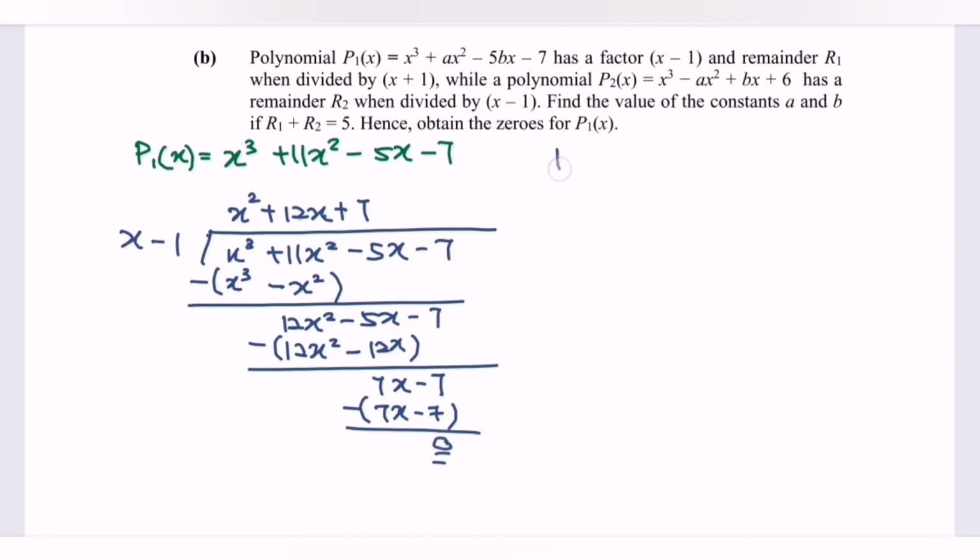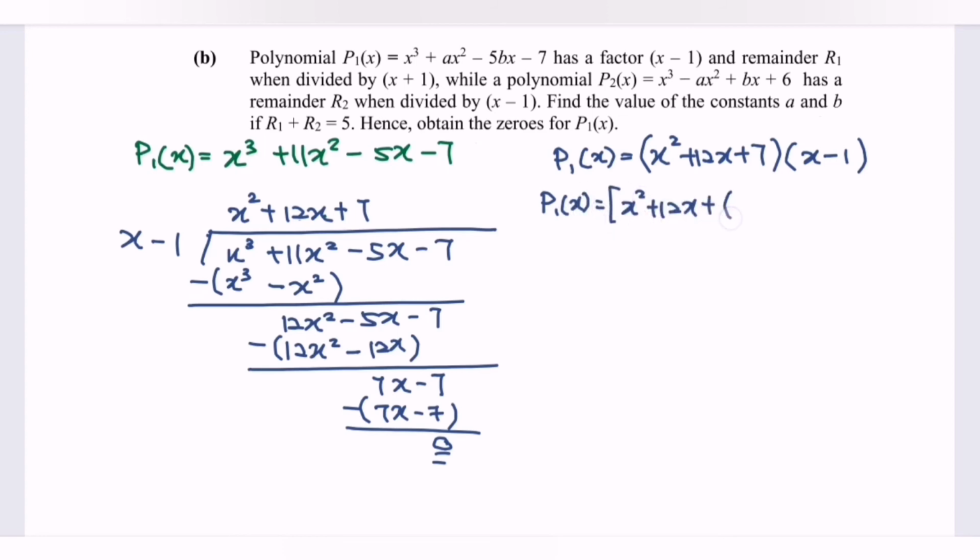So rewrite the situation. p sub 1 x equals x squared plus 12x plus 7 as a quotient, multiplied by x minus 1. So that is the situation. For this part, my suggestion is to complete the square. So for this case, p sub 1 x equals bracket x squared plus 12x plus bracket square minus bracket square plus 7, bracket x minus 1.